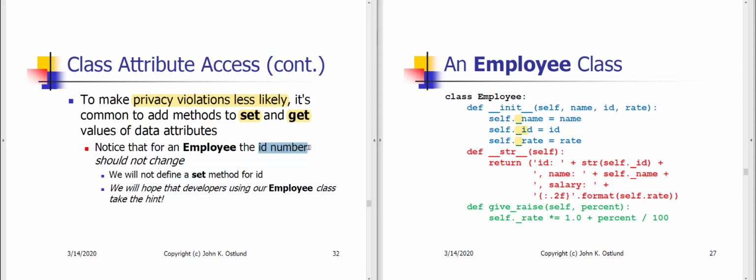Now, remember that in our current implementation, each employee object has a name and an ID number and a rate. People's names can change.